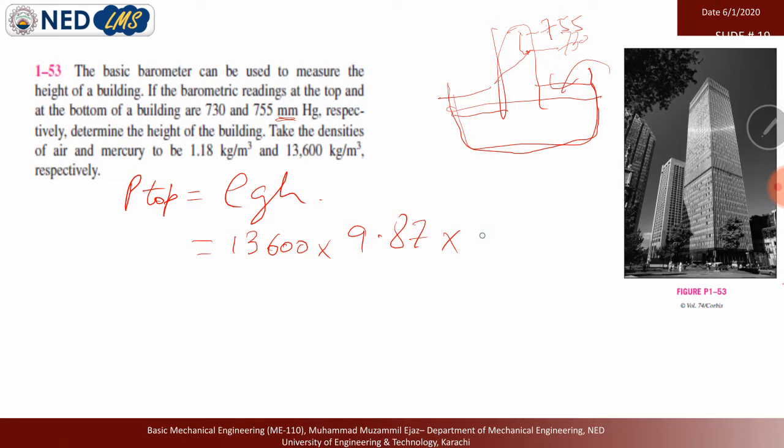We are calculating for 730 millimeters, which means 730 divided by 1000 gives 0.730, because it is a millimeter reading and we have to calculate the height in meters. So we get the reading of P top.